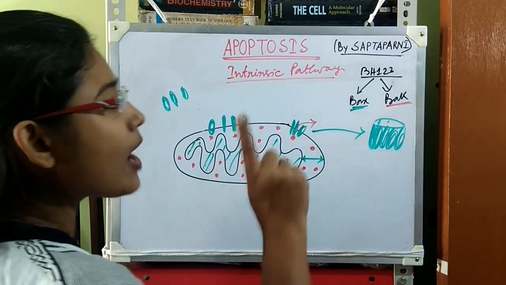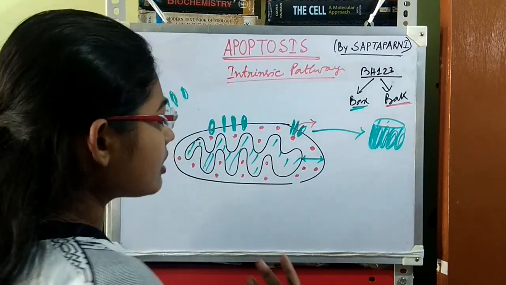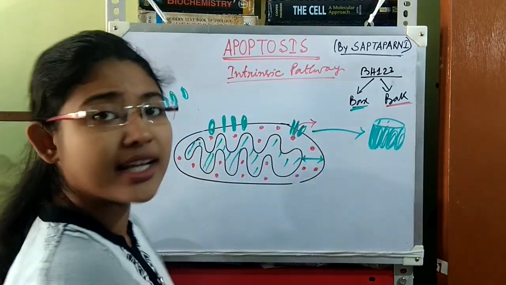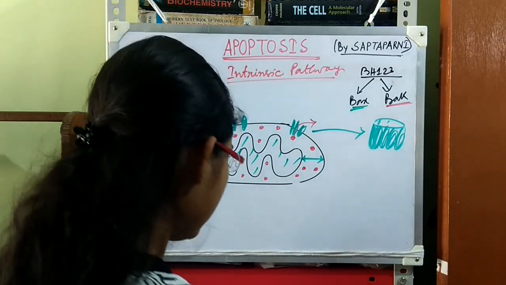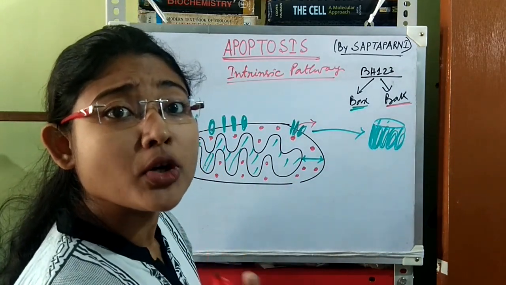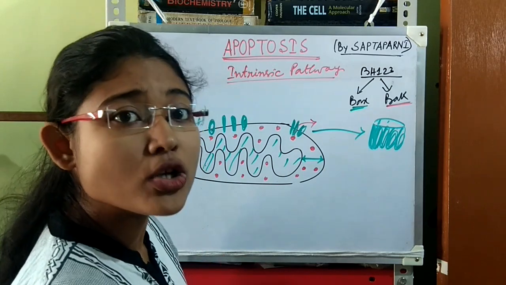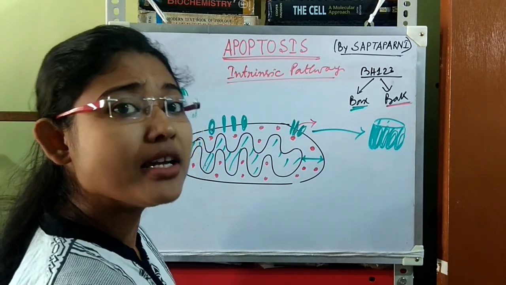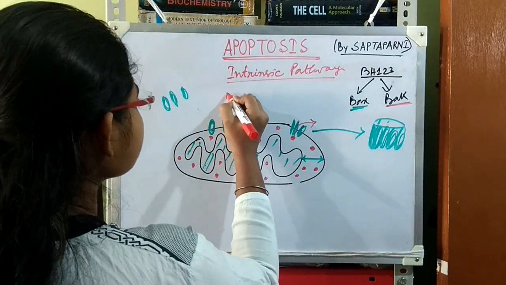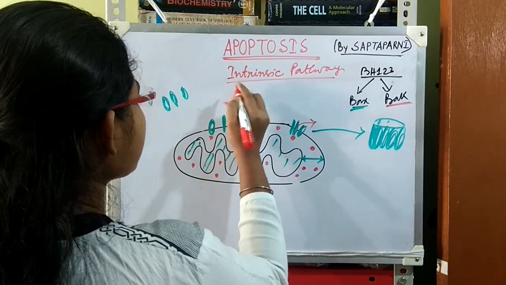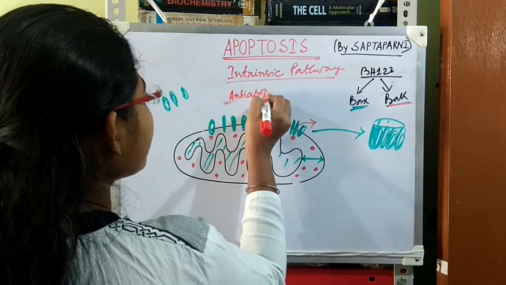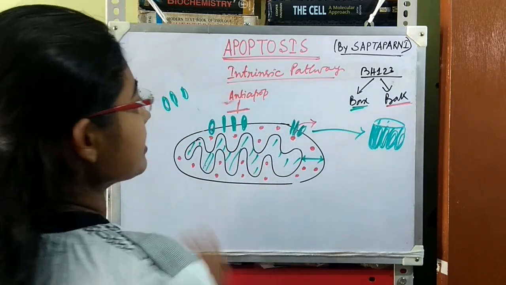So now one question may arise: during the normal state of the cell, what inhibits them from forming a channel like this? They are inhibited by the anti-apoptotic proteins. What are those? BCL2 family of proteins like BCL2 and BCL-XL. So anti-apoptotic proteins in a normal cell actually inhibit them.